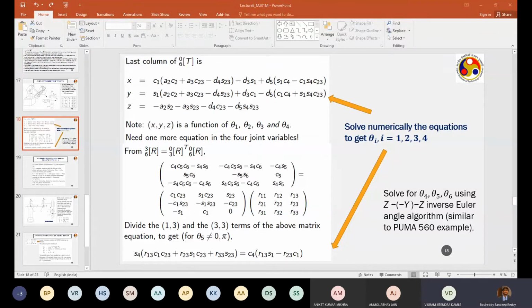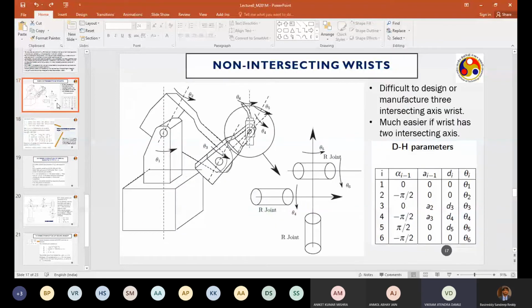Sir, one idea I was thinking of is if that last d5 distance is small, then for a numerical approach, can we consider d5 to be 0, get some solution, and then try to approximate the actual numerical solution from that d5 equal to 0 solution?